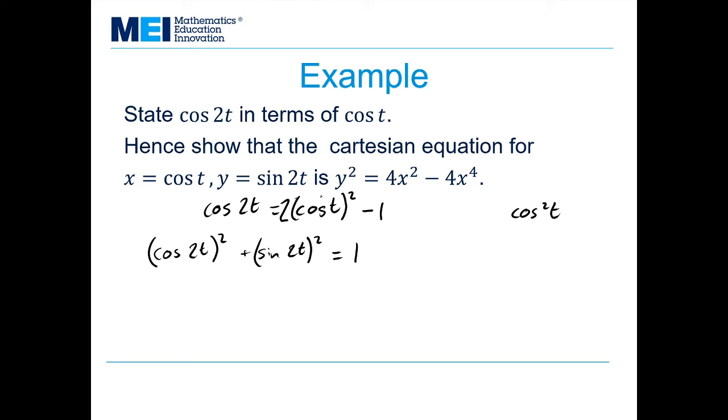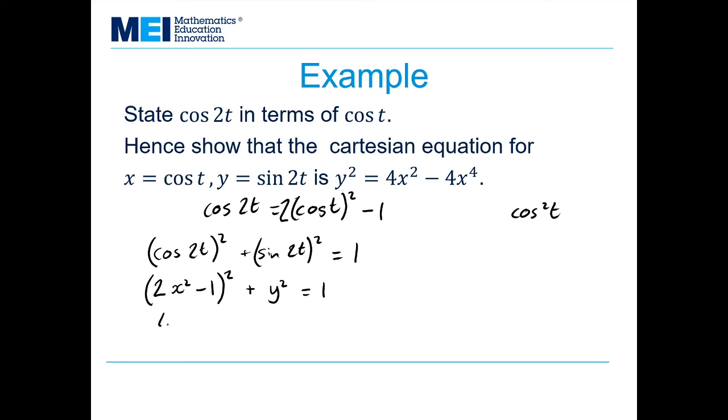Now cos of 2t I've got an expression for here, but I know that cos t is simply x, so I can rewrite this as 2x squared minus 1, that's my cos of 2t, all squared, plus, and sine of 2t, well that's just y, so I've got y squared equals 1.